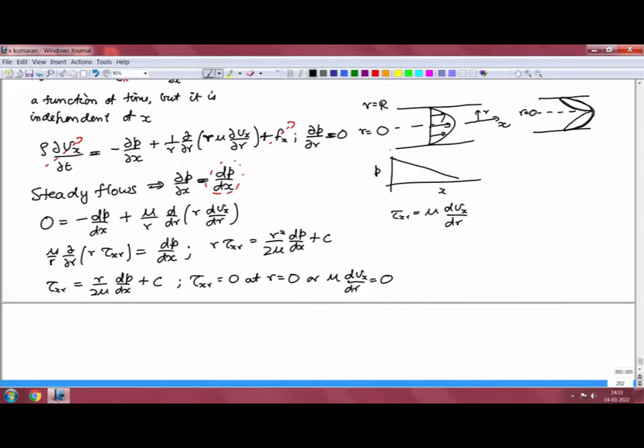Because there is no physical boundary there, the derivative will be uniquely specified regardless of the direction that you approach the axis, only if the derivative is 0 at the axis. And therefore, this constant has to be equal to 0. Tau xr is equal to 0 at r is equal to 0 implies this constant is equal to 0.